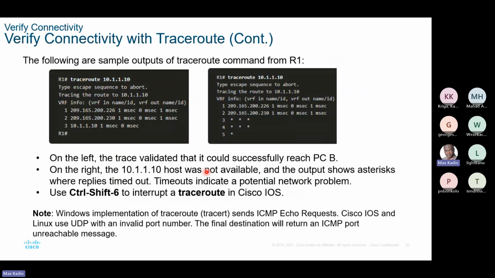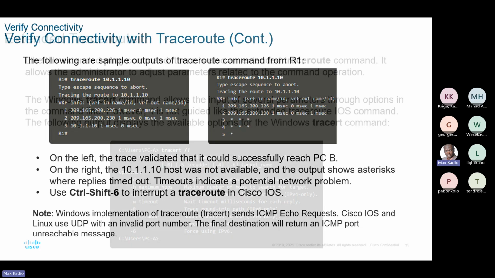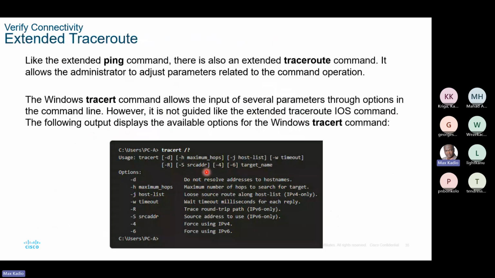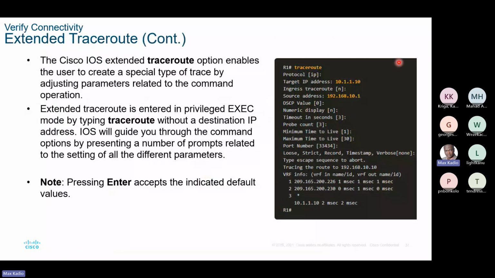For example, after 30 seconds, if it cannot reach the destination, the packet gets discarded by itself. It's like there is a bomb inside and it's going to explode itself. Extended traceroute: you can just start traceroute, then it will ask you some quick questions, and you can specify what you want, and it will start checking for you.